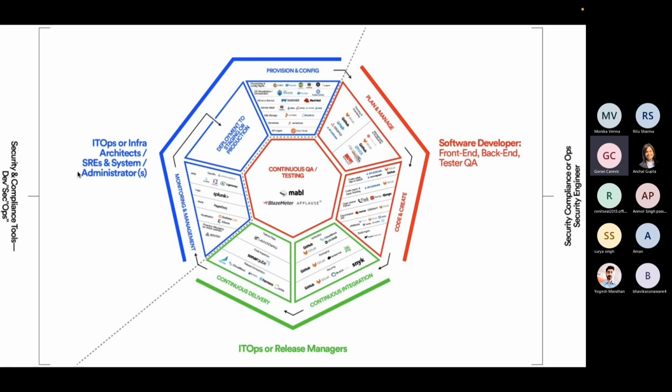So, for example, an SRE or system administrator will only be included in these three sectors, while IT ops or release managers will only be included in continuous delivery or continuous integration. But as we can see on the right, software developers, front-end, back-end, or testers will be included in only these two sectors.